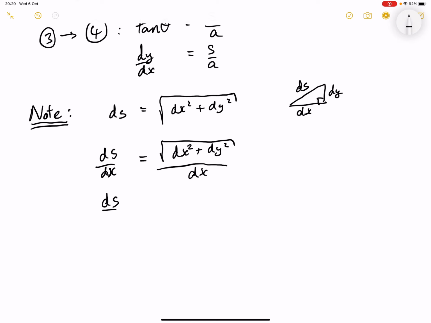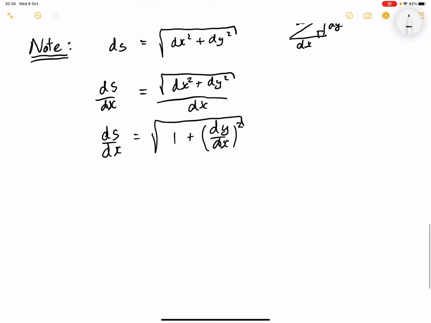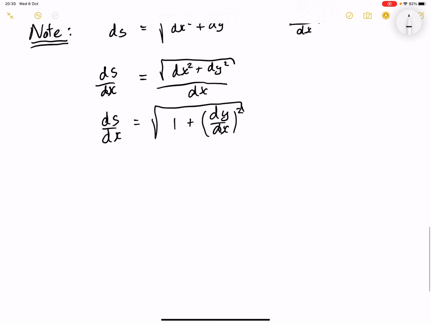So ds by dx is equal to the square root of 1 plus dy by dx all squared. I'm going to write that more neatly: plus dy by dx all squared. When I get excited, my writing deteriorates. Anyway, we've got this equation, and we're going to do some more work with it. So this is our note.